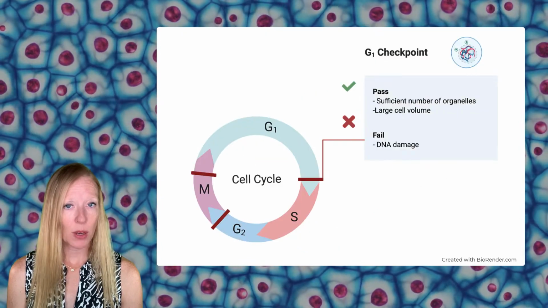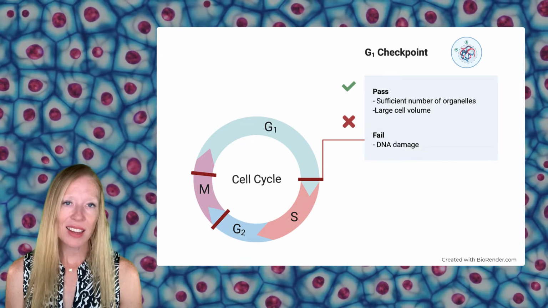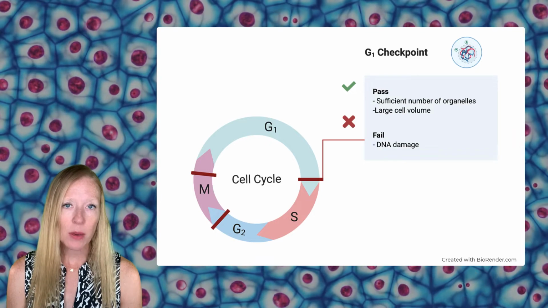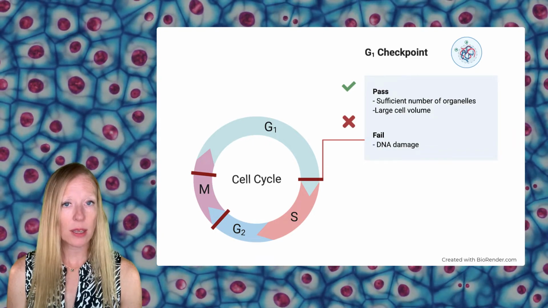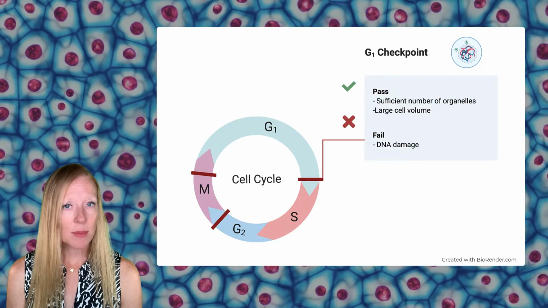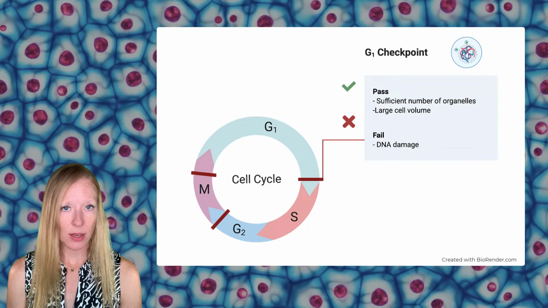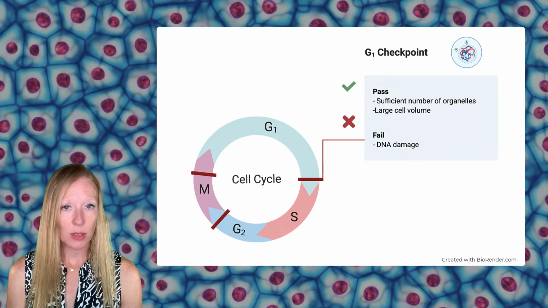The first checkpoint we will discuss is in the G1 phase. Recall that in G1, the cell needs to irrevocably commit to proceeding through the whole cell cycle or to leave the cell cycle and go into G0 phase. If the cell is committing to continuing through the cell cycle, it needs to be large enough to divide again and have enough resources.